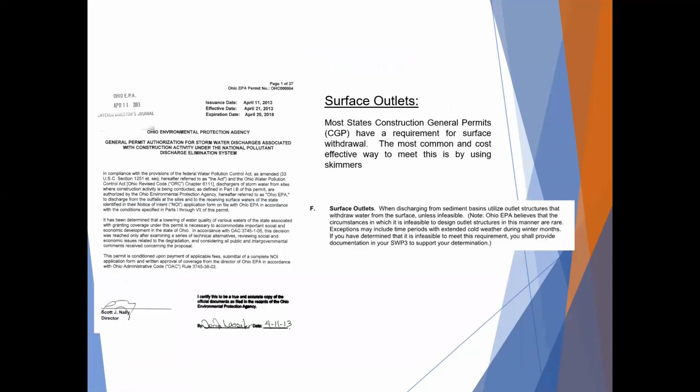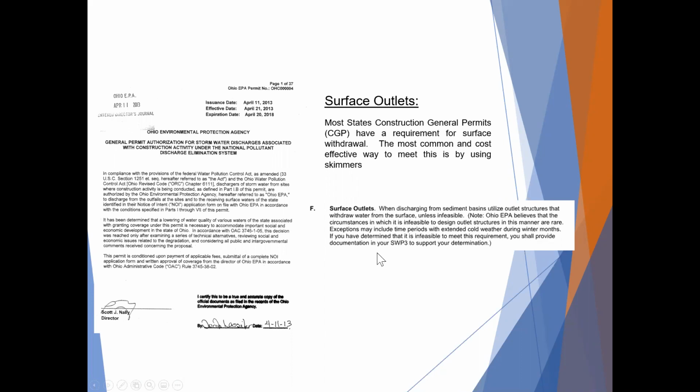As I mentioned, the EPA is now adding this to most states' construction general permit. This is the Ohio permit language, but most are pretty similar. And they say something along the lines of, when discharging from sediment basins, utilize outlet structures that withdraw water from the surface unless infeasible. And in most cases, there's not many times that it's infeasible.